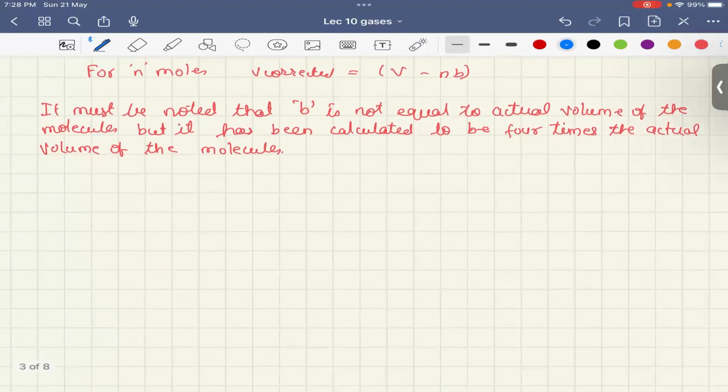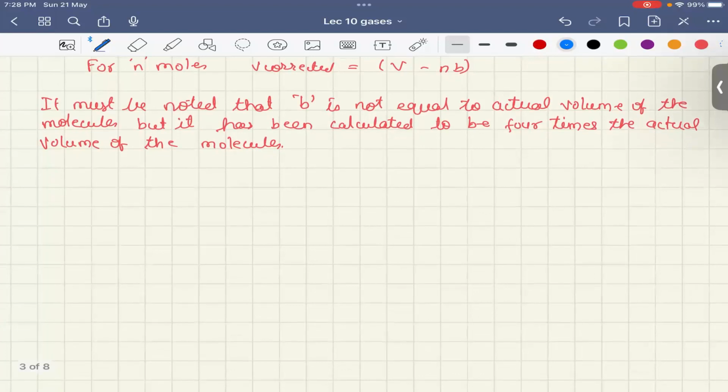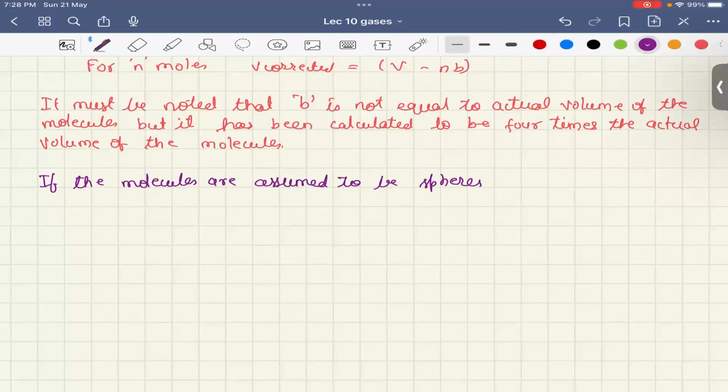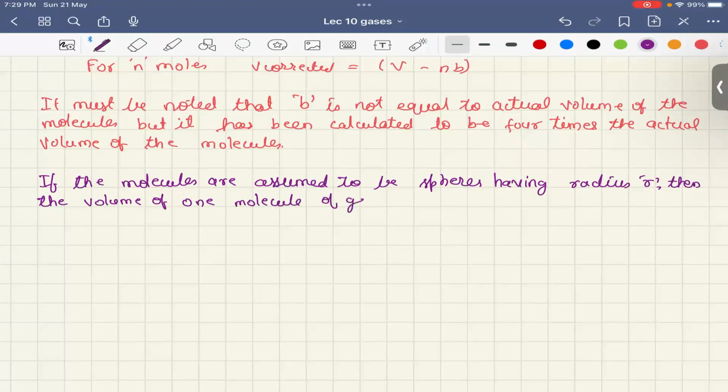So if the molecules are assumed to be spheres having radius r, then the volume of one molecule of gas is nothing but the volume of the sphere, which is 4 by 3 pi r cube.